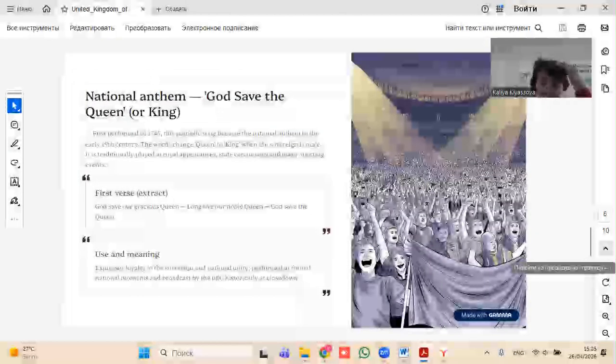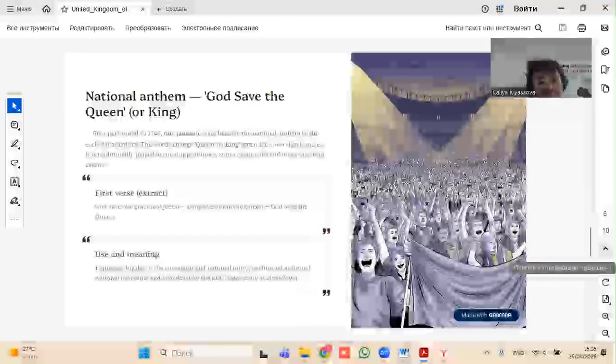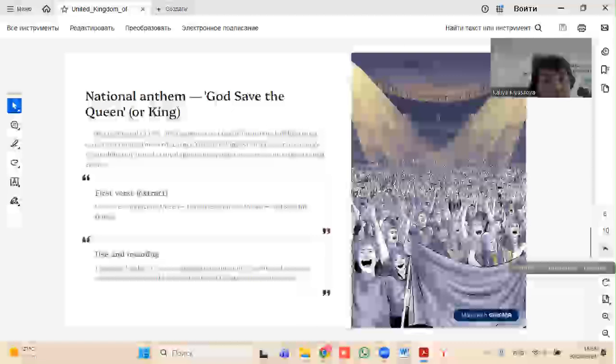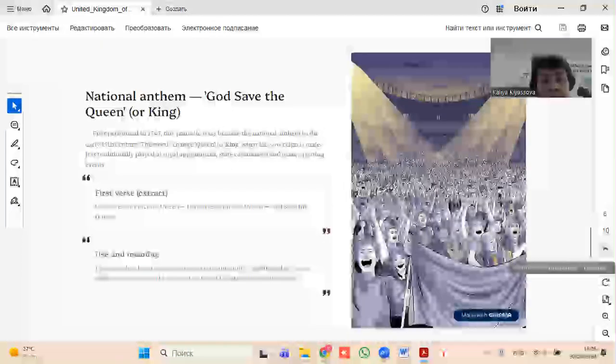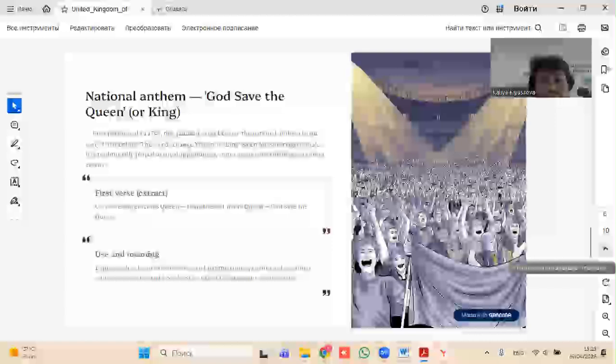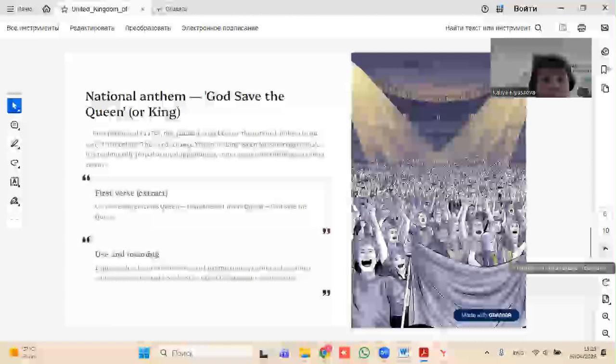Now, the national anthem. The national anthem's title is God Save the Queen or King. It was first performed in 1745. This patriotic song became the national anthem in the early 19th century.